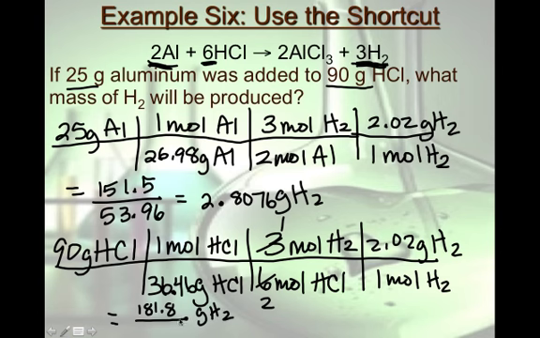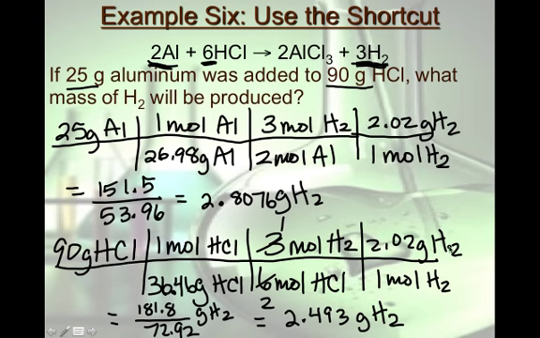And the bottom is 36.46 times 2 times 1. 72.92. Take the top, divide it by the bottom. 2.493 grams of hydrogen.